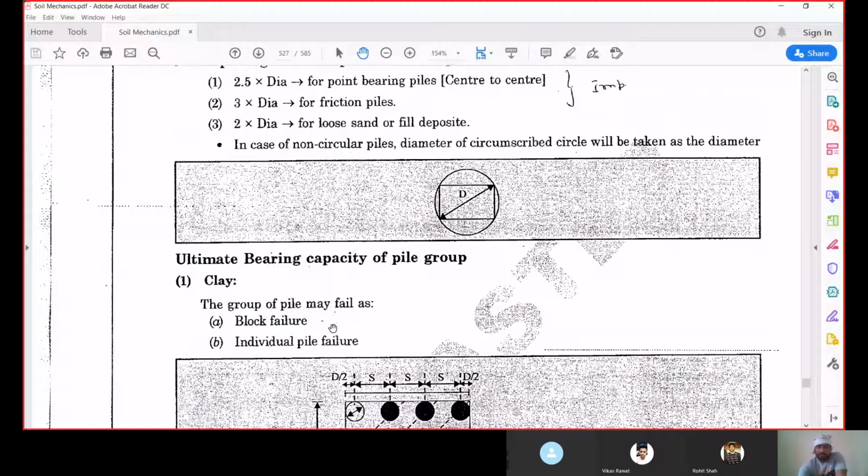A group of piles can basically fail in two possible ways. First is block failure, meaning the entire block will collapse, or there will be individual pile failure, meaning the block will fail just because a single pile in that particular block has failed. This is a schematic diagram that is shown in front of you.